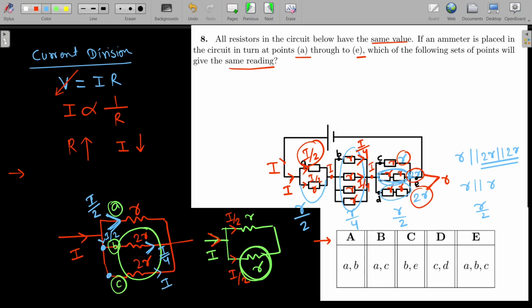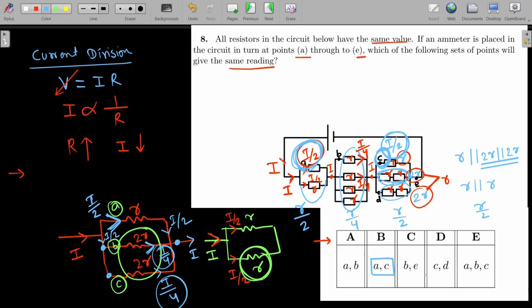So I by 4 and I by 4. At this point, I by 2, I by 4 and I by 4 become I again. It means at point C the ammeter reading will be I by 2, and at point A the ammeter reading was also I by 2. So A and C will have the same ammeter reading, and obviously option B should be correct.